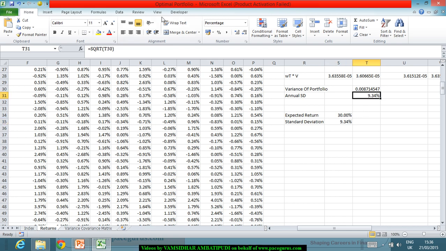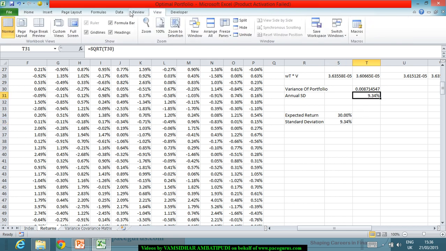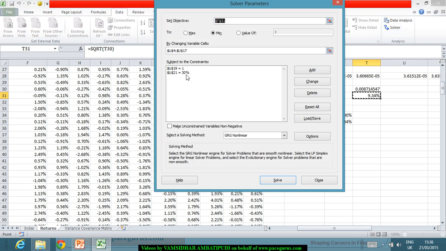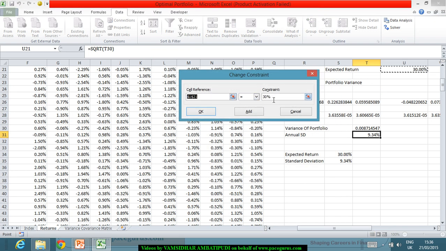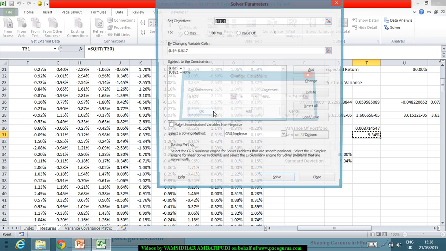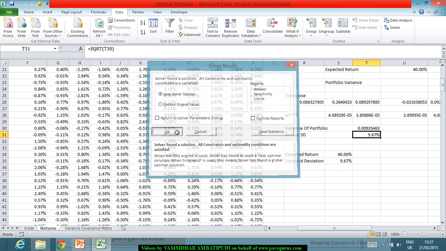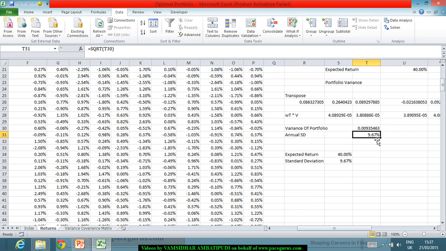Now let's see if I want to do any of these. Probably I could go here. Let's say my objective is I want a return of 40%, not 30. Let's see if it is possible. What it says, yes, if you want a return of 40, it is possible.